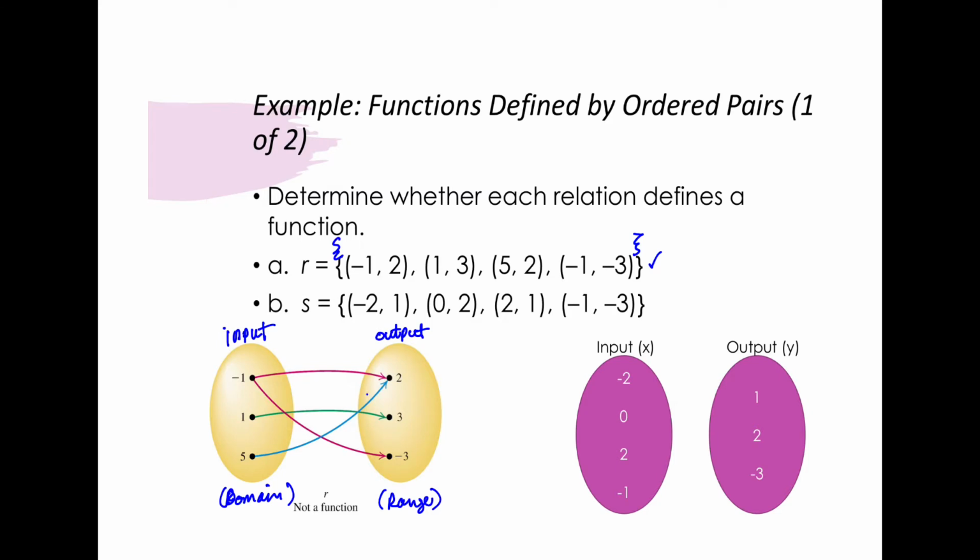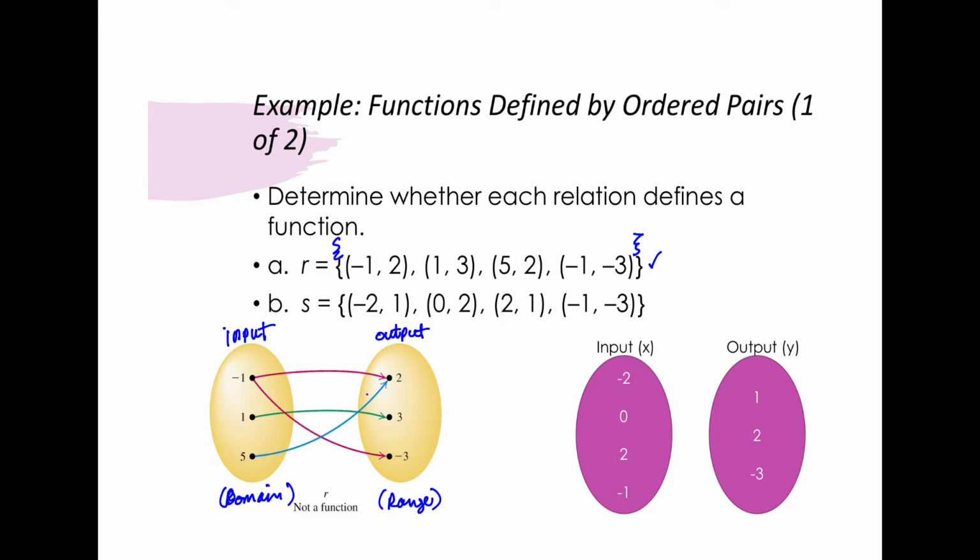In this relationship, we also had two inputs that gave us 2 as an output, right? -1 gave us 2, and 5 gave us 2. That by itself would be okay. Again, we can have different inputs giving us the same output.